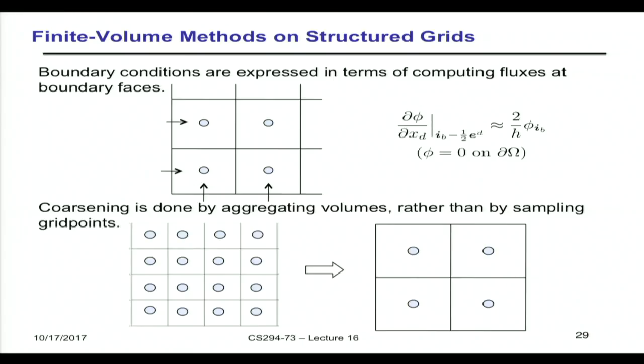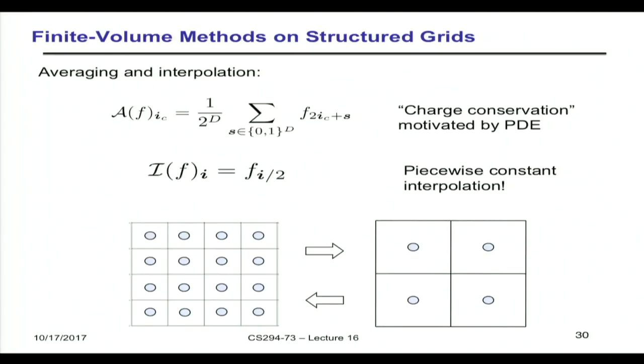So this is different from the nodal values, where we would have just dropped some of these. Instead, we end up with cell-centered values. So this is how it looks a little different. Again, just a simple summation for averaging down to a coarser level. And again, this is charge conservation, conservation of mass, momentum, energy, however you want to look at it.